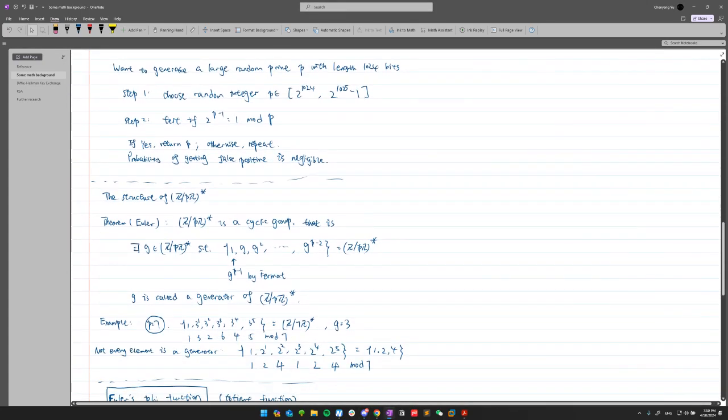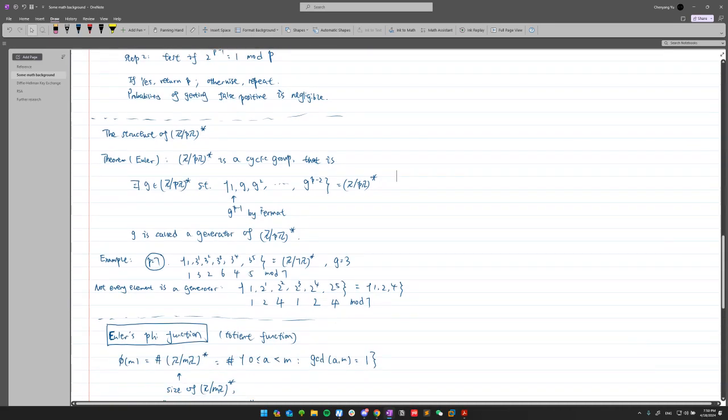Okay, so moving on. Let's discuss the structure of the unit group, but in the mod P case. So there's a theorem by Euler saying the unit group mod P is a cyclic group. So what is a cyclic group?